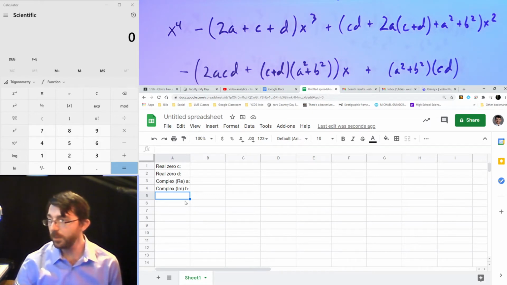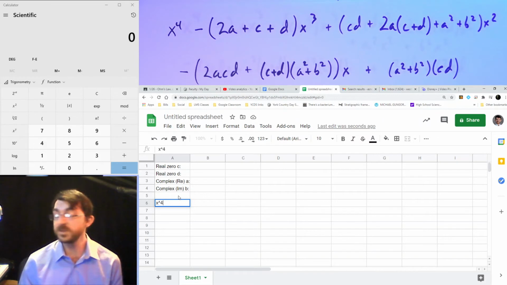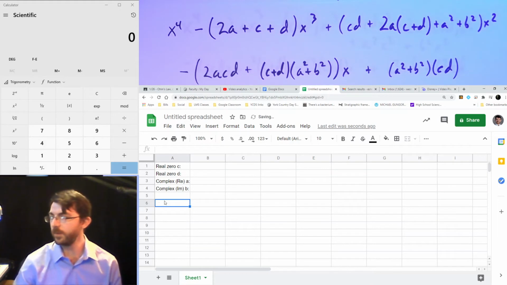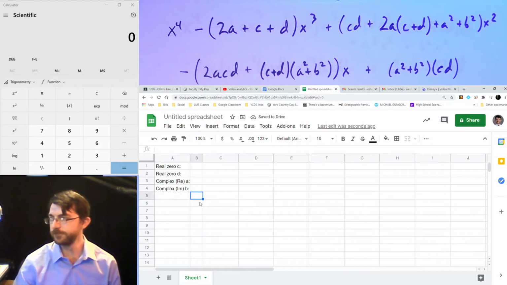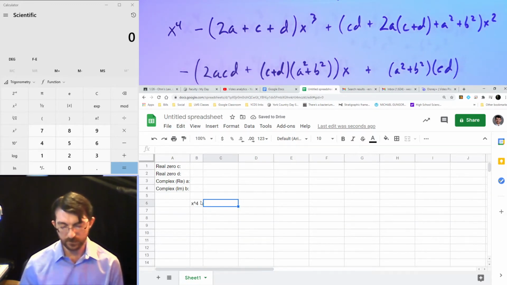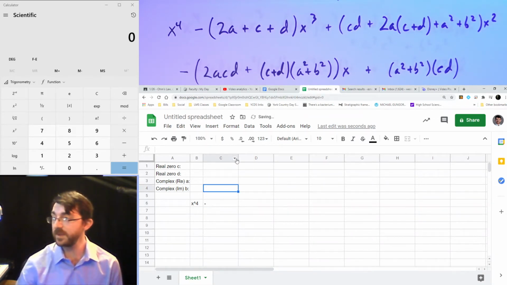Okay, so the way this is going to work is I've got coefficients and variables. This will be the coefficient for x to the 4th. Actually, I would rather make these a little shorter. So I'm going to put it here, x to the 4th. Now the next number, I'm assuming it's minus.